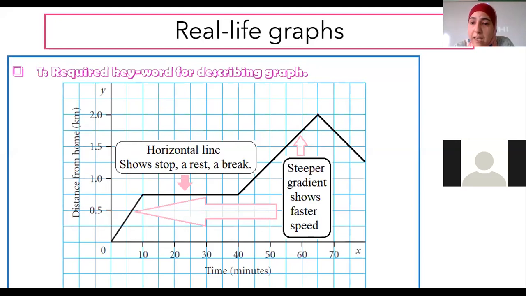But if you're here, you're now how many kilometers apart from your house? 2. No, 1.25. Isn't that right? At the beginning, here, it's 2 kilometers from your house.